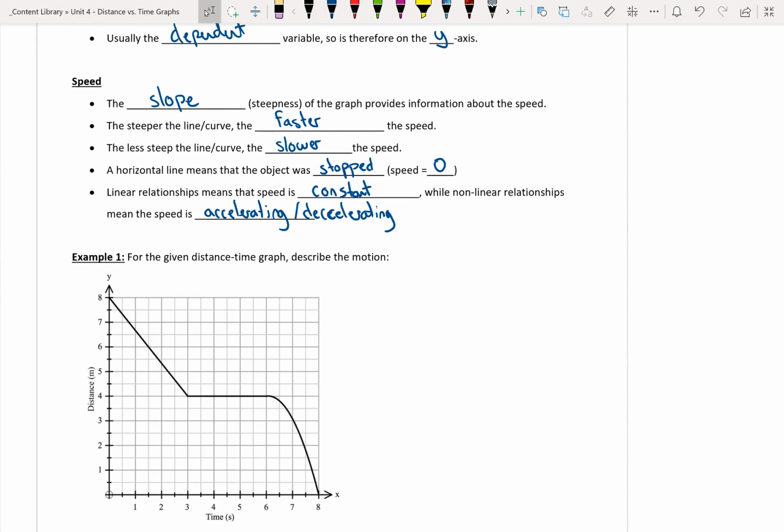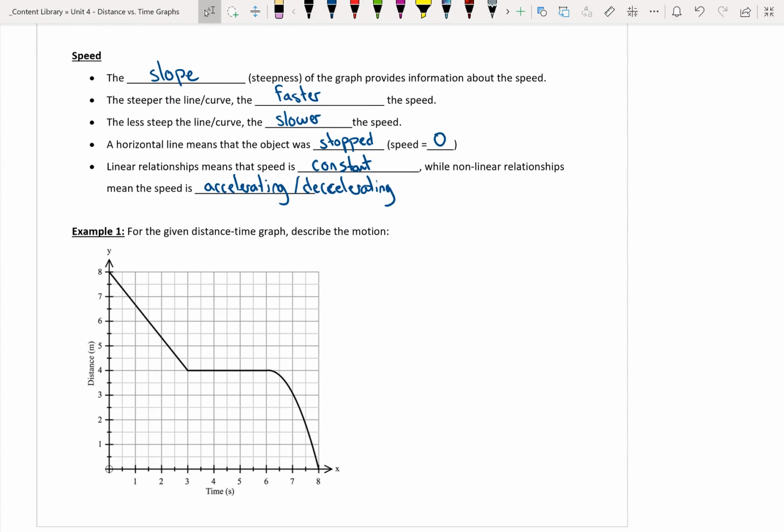Or in other words, that the speed is not constant. Right? Accelerating means it's always increasing, decelerating means it's decreasing over the time.